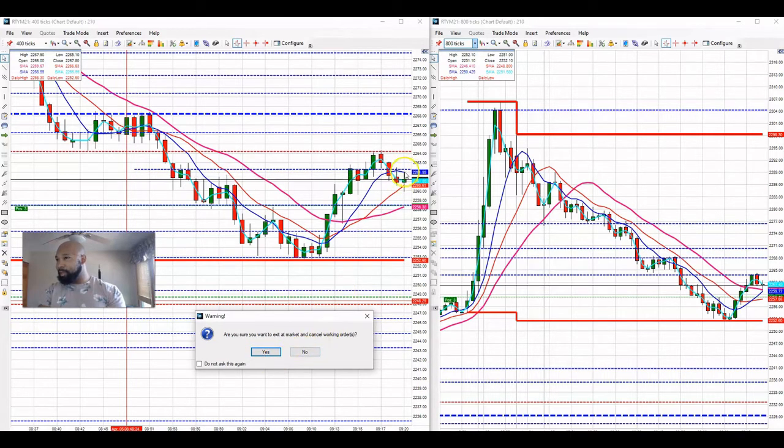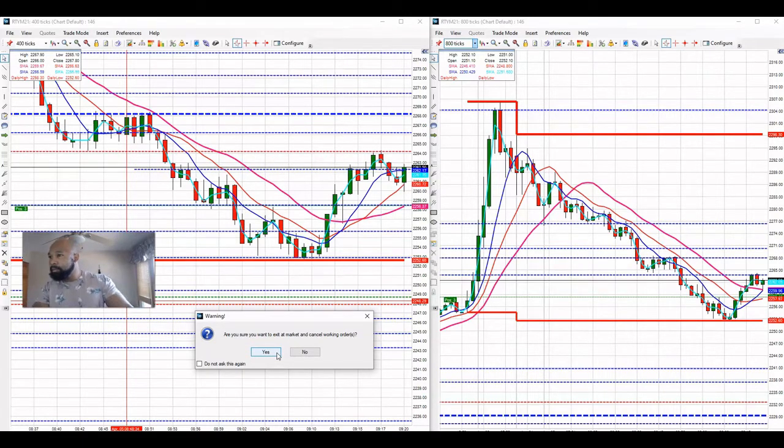There's some pushback. It's not crossing the 7-period simple moving average. It needs to cross it decisively. Hopefully it does right now. Okay. Don't return back. Just continue your movement.